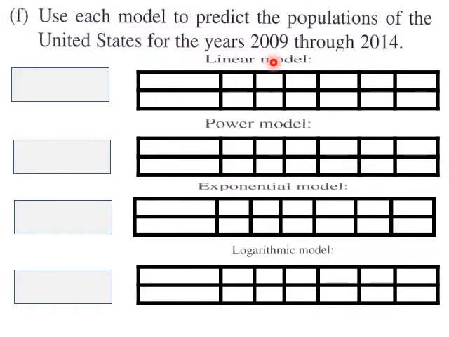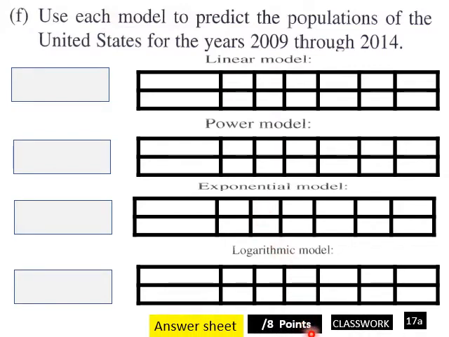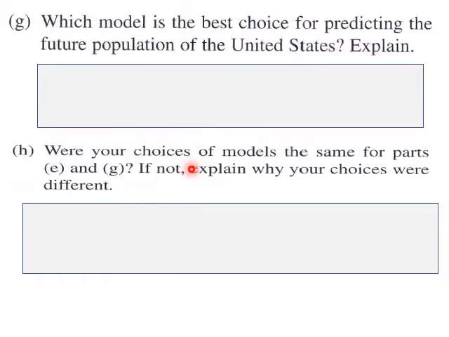You got a table here. So to predict populations 2009 through 2014, 1, 2, 3, 4, 5, 6 would cover that. So linear, power, exponential, and then log. And then this page here is worth 8 points too.